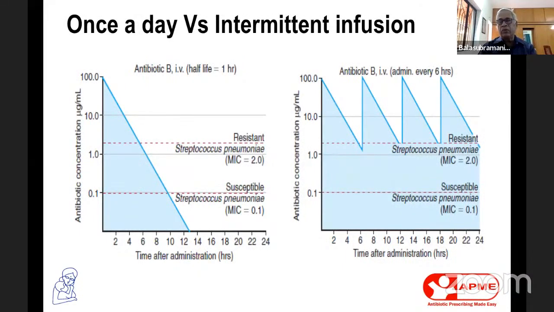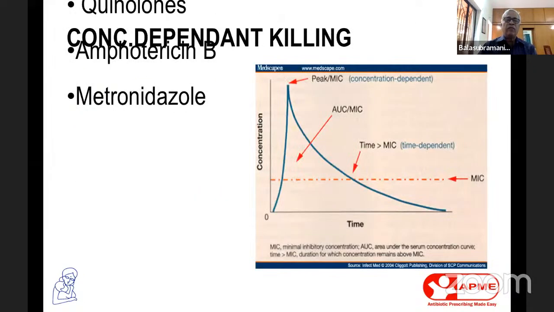This is a principle which is very important for aminoglycosides. For example, earlier, we used to give aminoglycosides in BD doses, and this increased the toxicity, nephrotoxicity as well as ototoxicity. Now, scientists have understood that it is enough if you use aminoglycosides, amphotericin B, once a day, even once a day or twice a day.